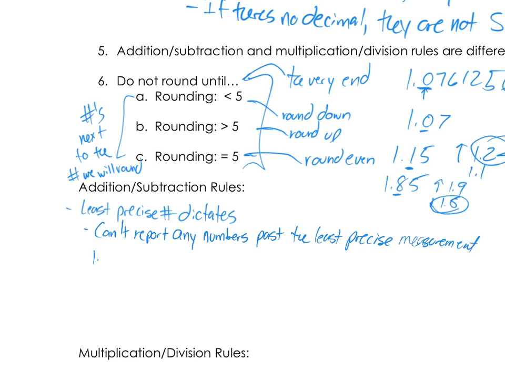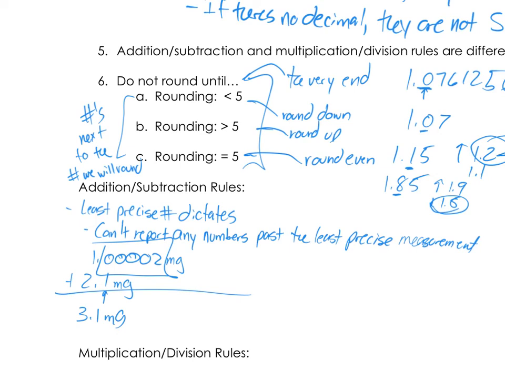So if I have something like 1.00002 milligrams plus, and I'm going to add this to a really crappy scale at 2.1 milligrams, my final digit is determined by the least precise one. The least precise one is the one that goes the least to the right. This answer is 3.1 milligrams. The extra digits don't matter. It's like adding a dropper, or a pipette, to a swimming pool. It doesn't have an impact on it.